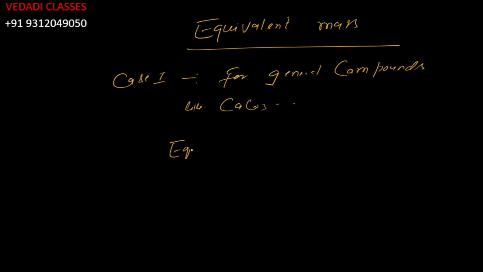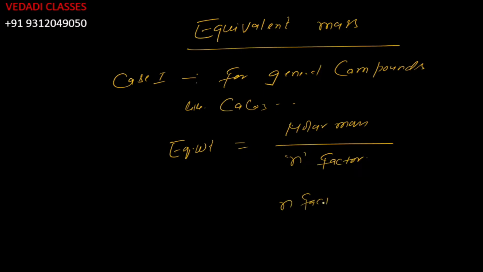Equivalent weight or equivalent mass can be written as given mass, this is the molar mass, upon what? N factor. So what is the N factor here? N factor we can say is the number of electrons lost or gained. Suppose you want to find the equivalent mass of CaCO3, it will dissociate into Ca2+ and CO3 2-.